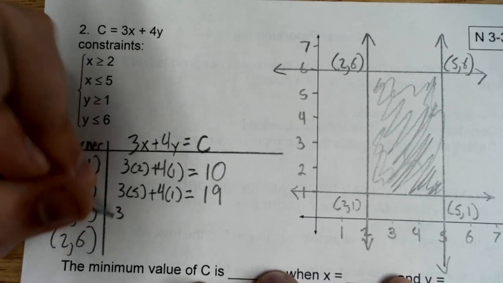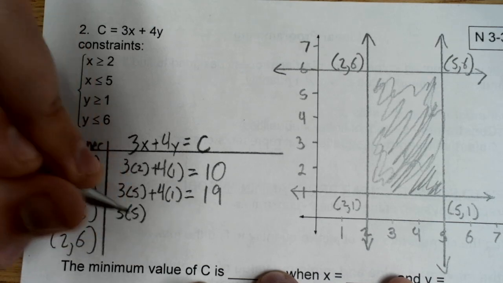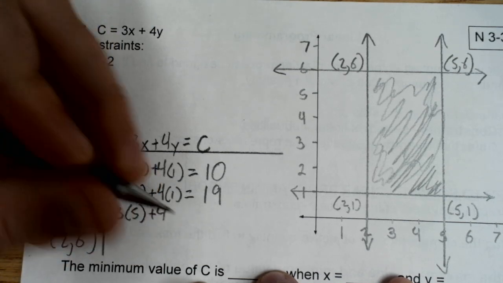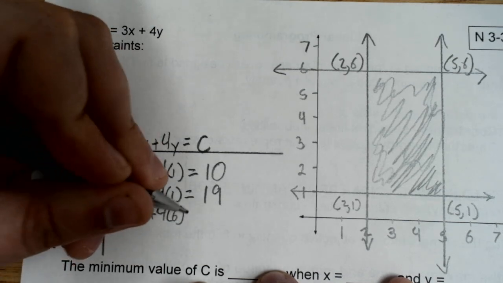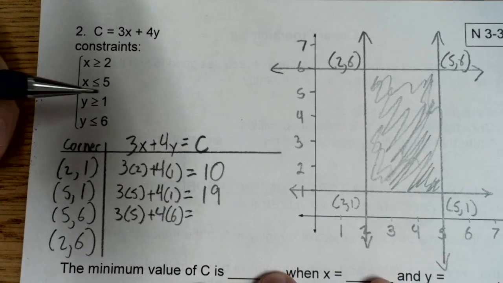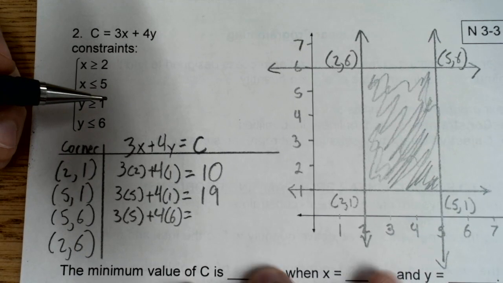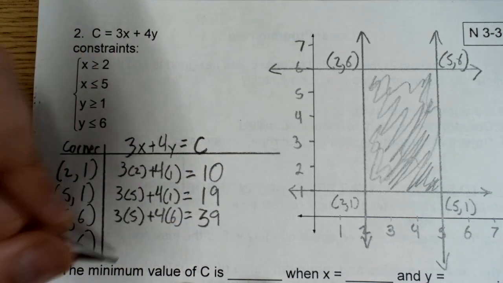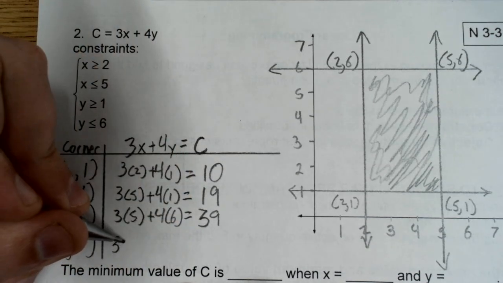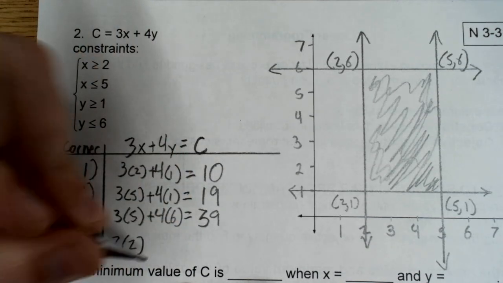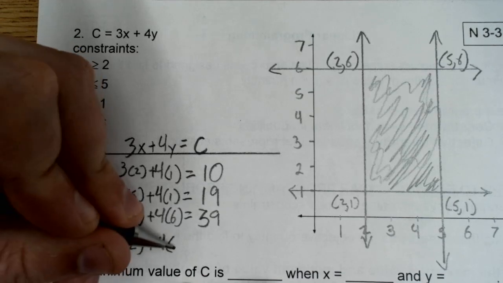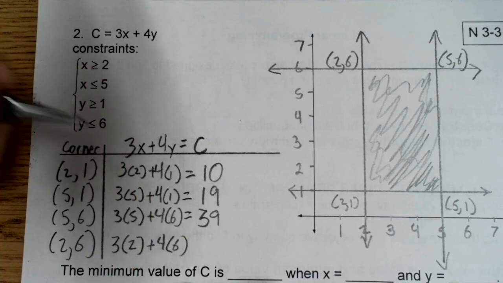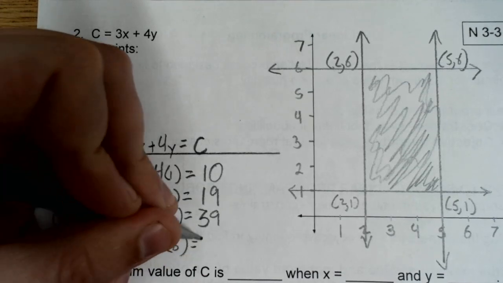Then I'm going to do 3 times 5 plus 4 times 6. So 24 and 15 would be 39. And last one, 3 times 2 plus 4 times 6. 24 plus 6 would give me 30.